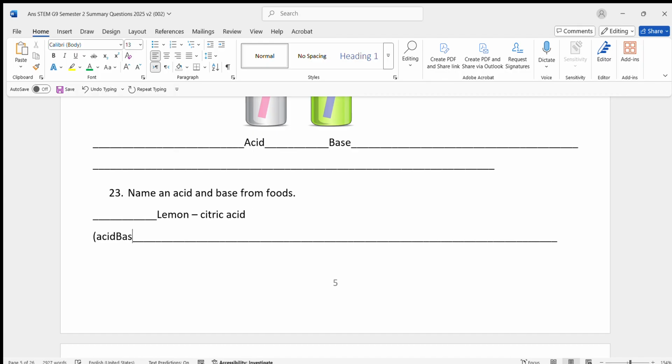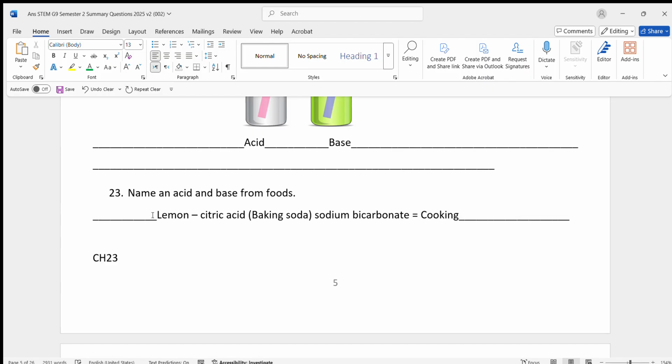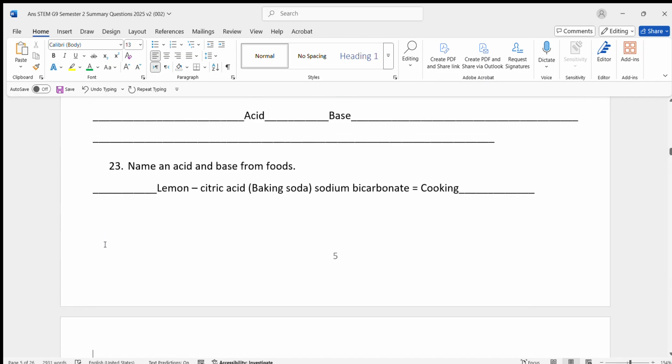Baking soda, which is called sodium bicarbonate, is used for cooking anyway. So this is the example of an acid and an alkali in food. There are also grapes, which contain acid. There are so many examples, but this is basically for chapter 22.